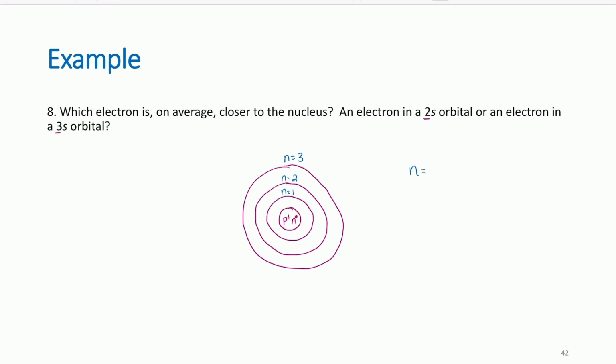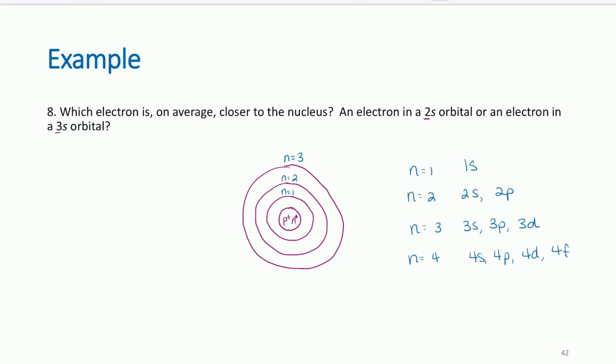In the n equals 1 level, we have 1s orbitals. In the n equals 2 level, we have 2s and 2p orbitals. In n equals 3, we have 3s, 3p, and 3d orbitals. n equals 4, 4s, 4p, 4d, and 4f. And then from then on, we've got 5s, 5p, 5d, 5f, etc. of each type of orbital.